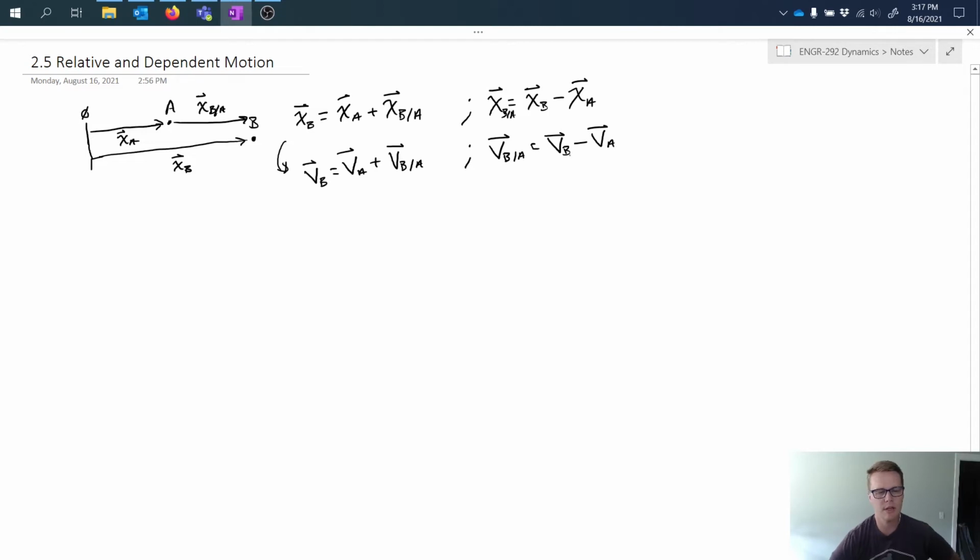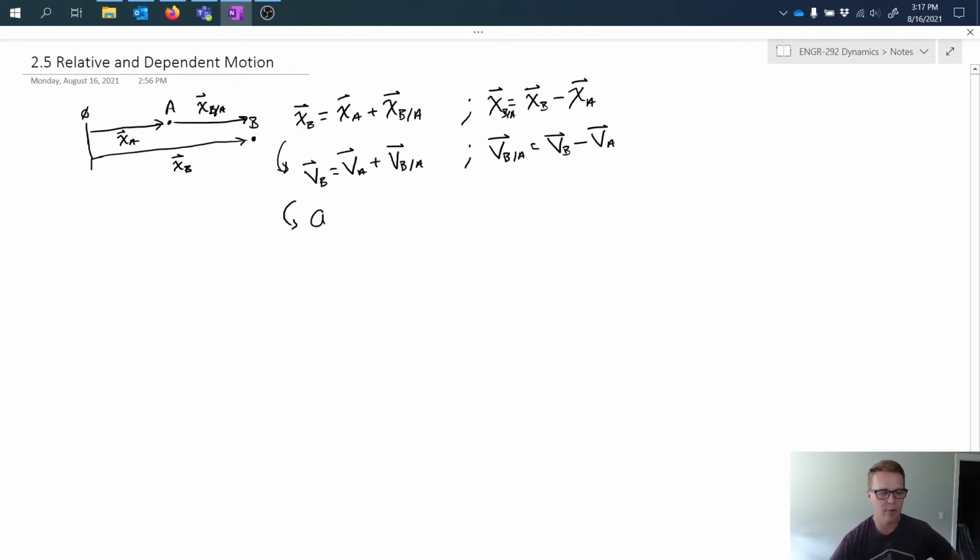So what this last equation is saying is that the velocity of particle B with respect to particle A is going to be the difference between their two velocities, right? And that should make sense intuitively, especially in a one-dimensional situation where we're only traveling one direction. But it can get more complicated to think about, and that's why sometimes it's nice to be able to fall back on this mathematics in order to represent the situation.